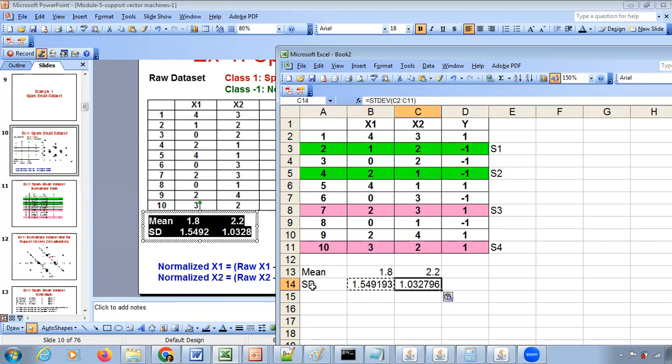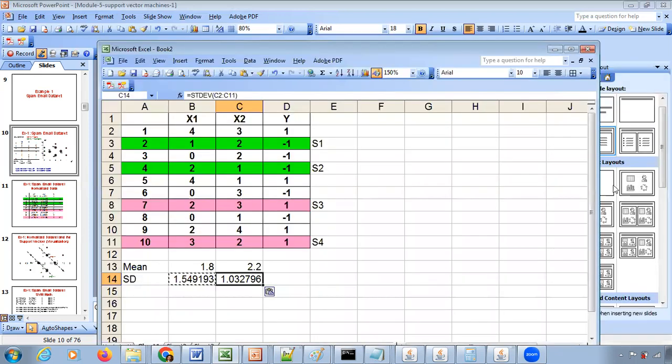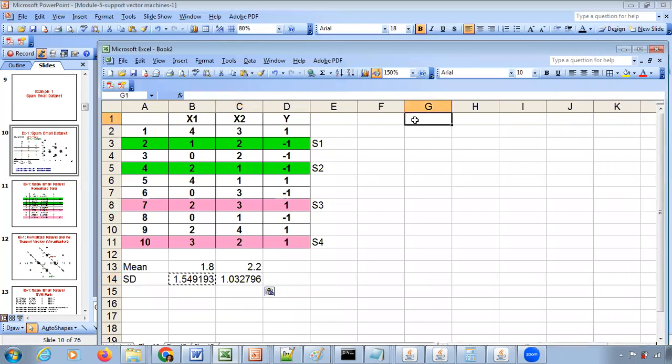So this is the mean and standard deviation, the first thing we need to find before we can normalize. Then we'll go ahead and standardize or normalize. We'll interchangeably use the terms standardize and normalize. Both are going to be the same in this case.